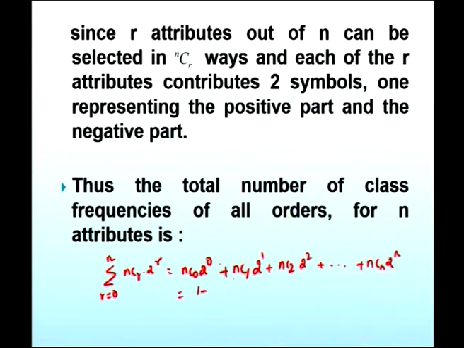This is all the expansion of a binomial series. Therefore, it is 1 plus 2 whole power n, like a plus b whole power n. This is equal to 3 power n.